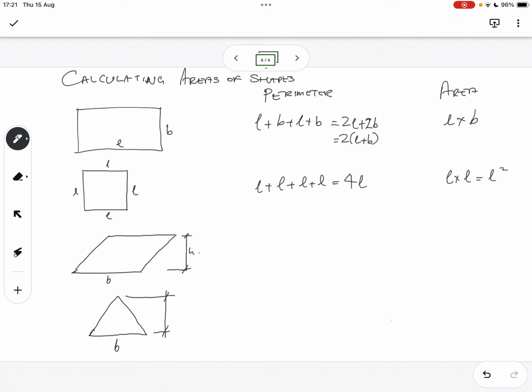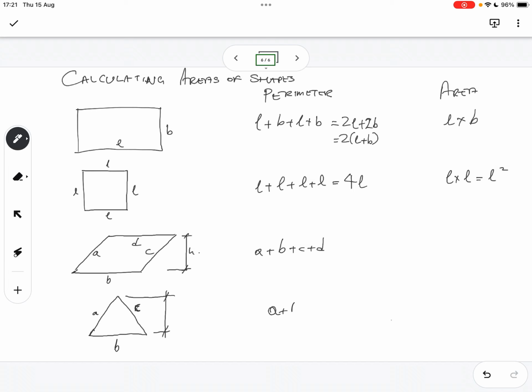Now, with a parallelogram, the lengths of the sides could be different, but you still add the different sides together. And for a triangle, it's also the same.